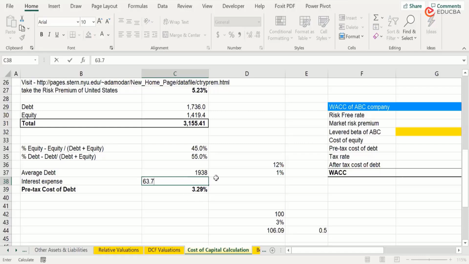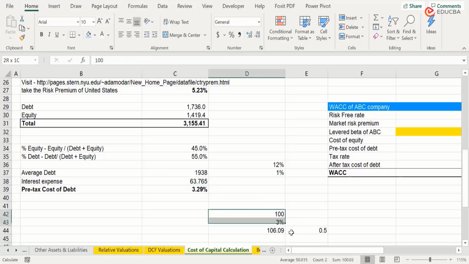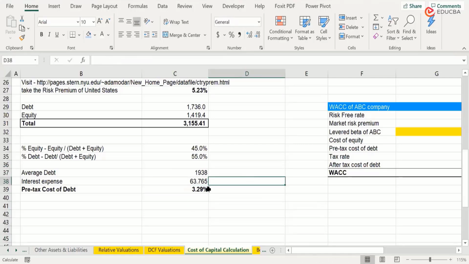So 3.29 was your pre-tax cost of debt. It is still 3.29. The only thing is, in terms of percentage, changes somewhere in the 0.00 something would have happened. That's the only difference. The concept of materiality again comes into the picture there. So before tax, this is the cost of debt that we are looking at.